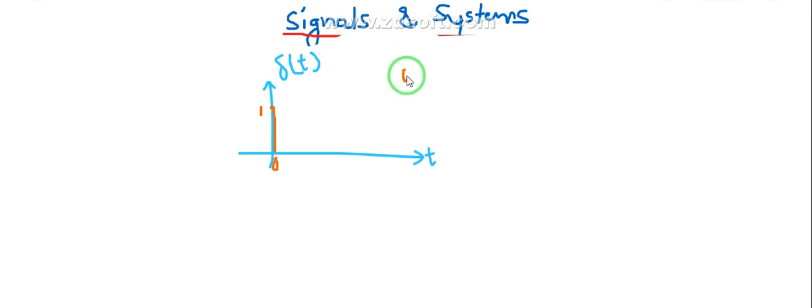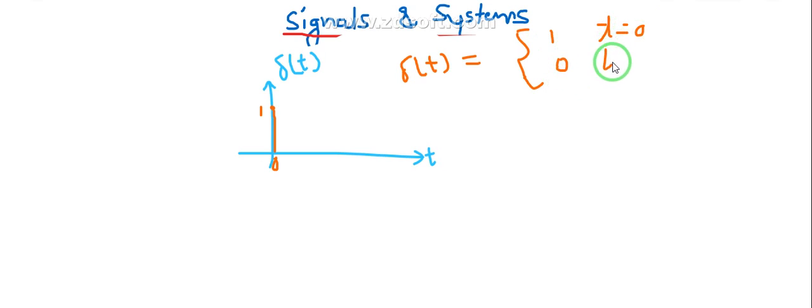Delta of t is equal to 1 for t equal to 0, and for t not equal to 0, its amplitude is 0. How do you convert this into a unit step sequence? Just draw another signal.